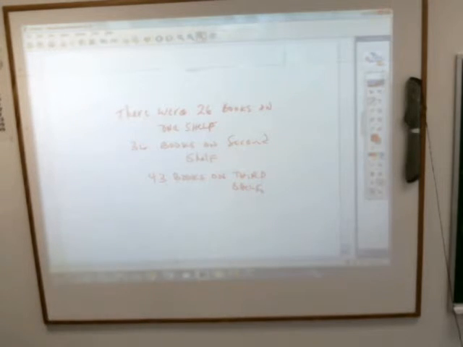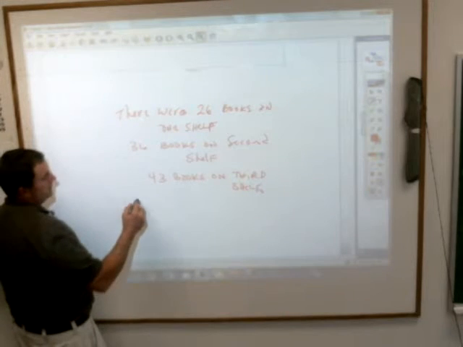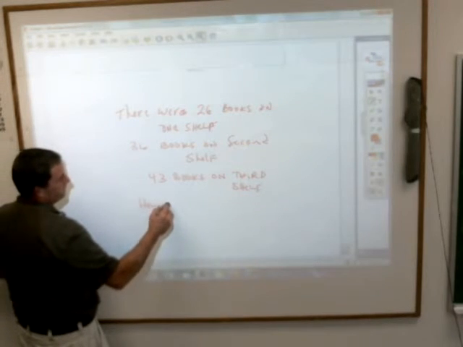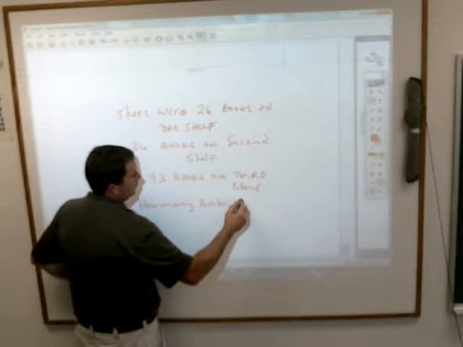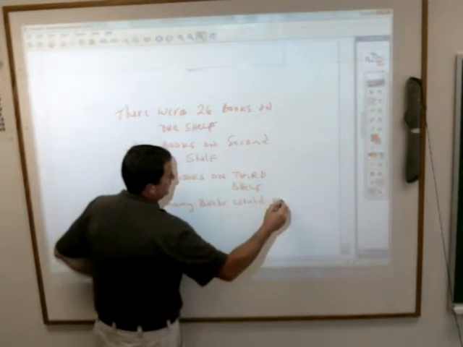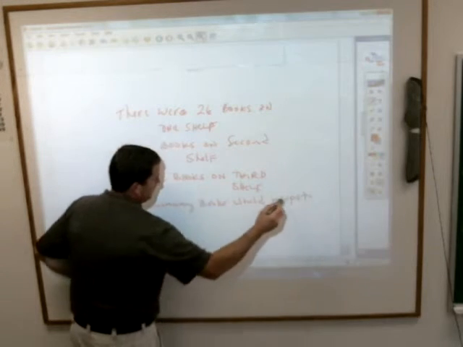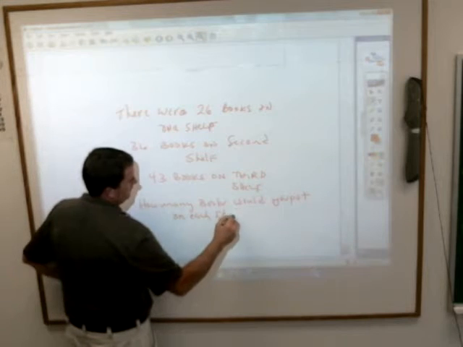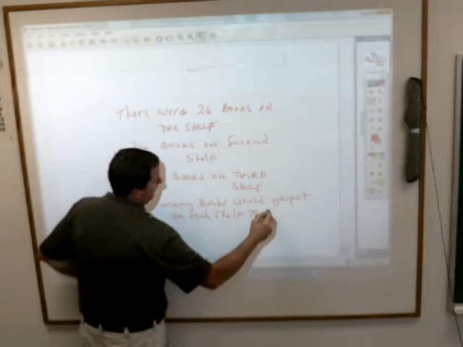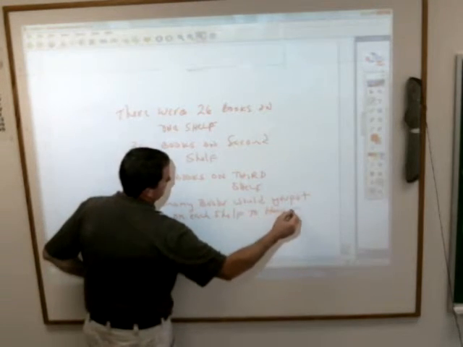If you wanted to put the same number of books on each shelf, how many books would you put on each shelf to have an equal amount?